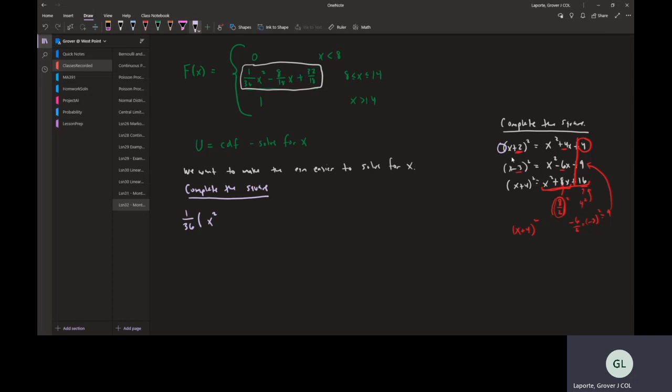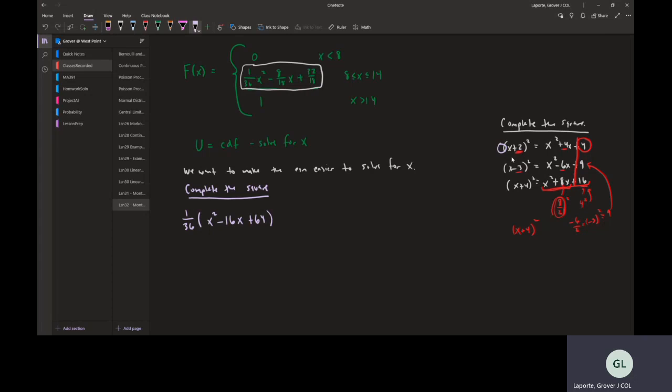So 1 over 36, and then multiplying 8 over 18 by 36, we'd get minus 16x. And multiplying that one by 36, I'd have a plus 64. So we'd get x squared minus 16x plus 64, and then 1 over 36.